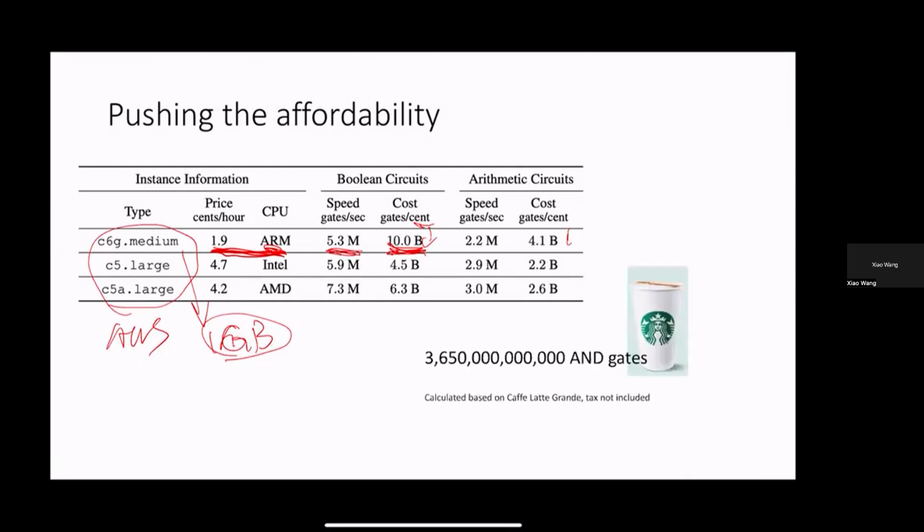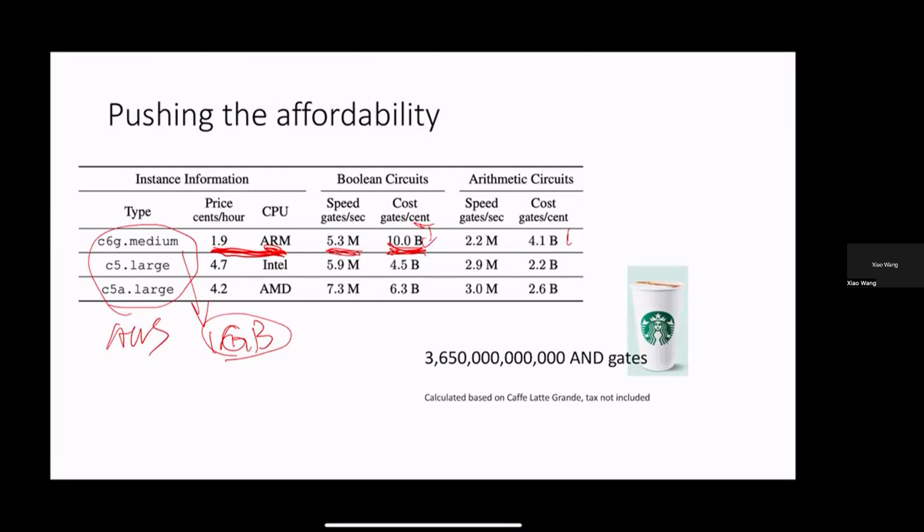It's not very easy to understand exactly what this means, so let me use the cost of a grande-sized Starbucks latte as a unit.